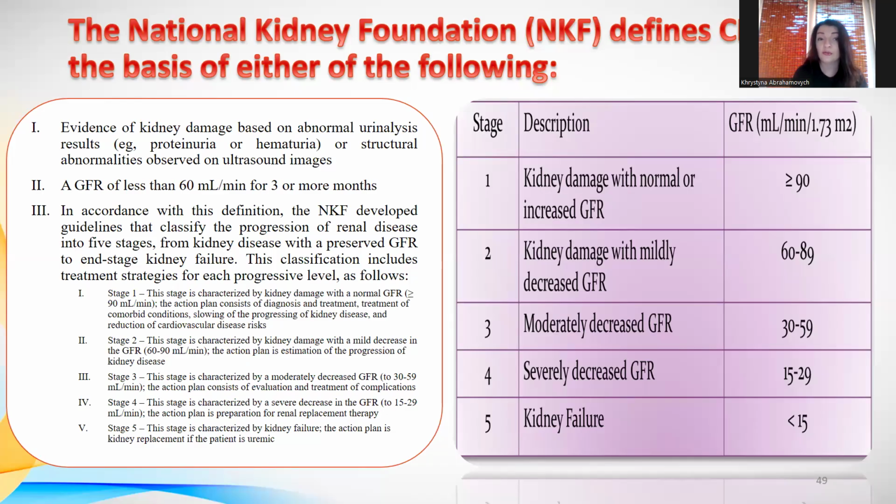Now, what should we know? First of all, Stage 5 means that glomerular filtration rate will be 15 or less. In this case, nothing will help except renal replacement therapy. Renal replacement therapy may be either hemodialysis or peritoneal dialysis, but hemodialysis is the more common way of treatment.